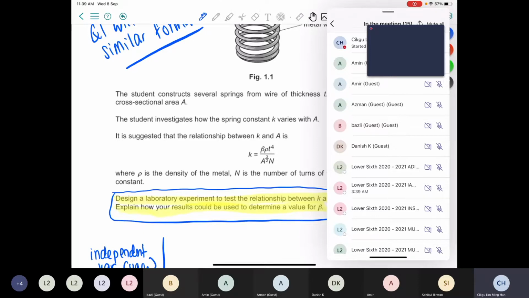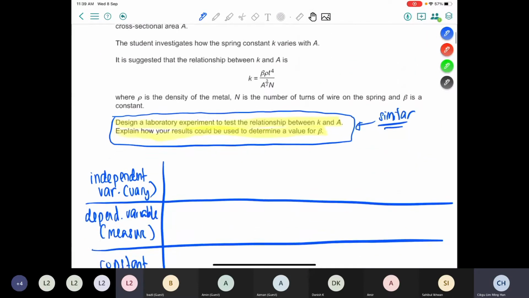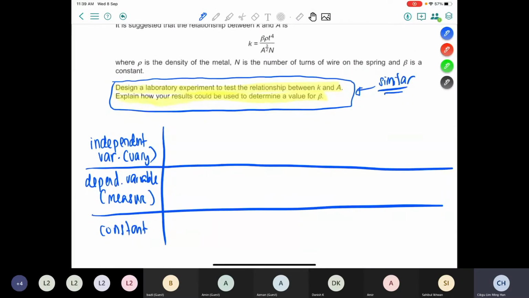Other than that, Ian. Ian? Yes, sir. What do you think is the independent variable and the dependent variable?